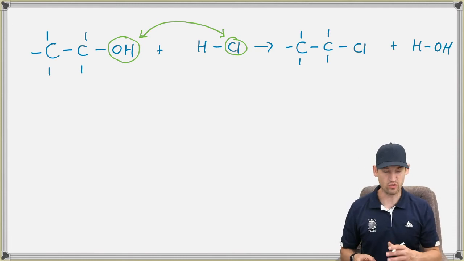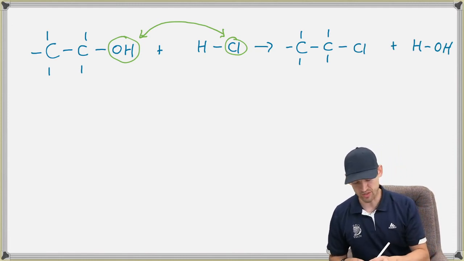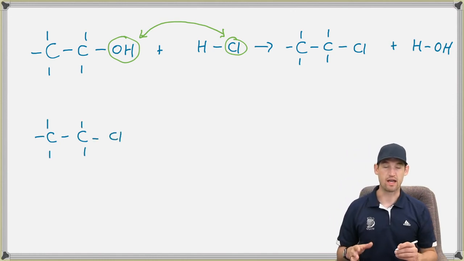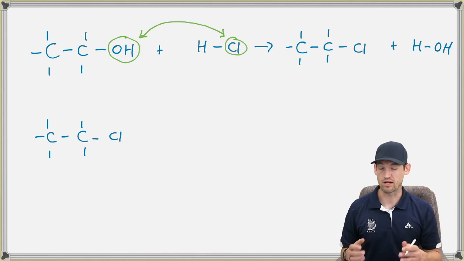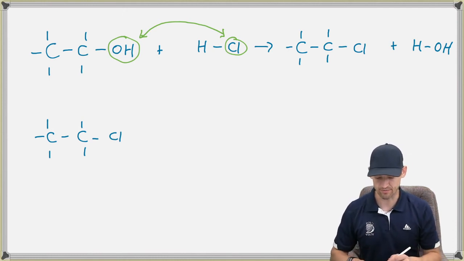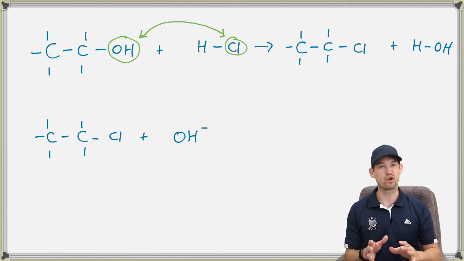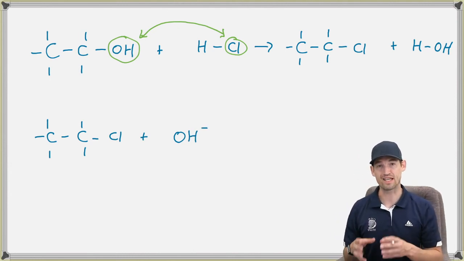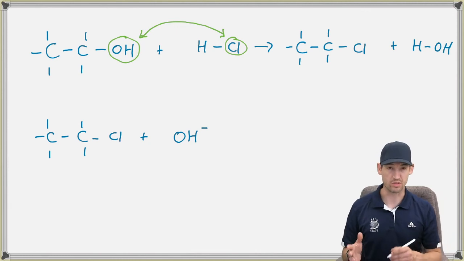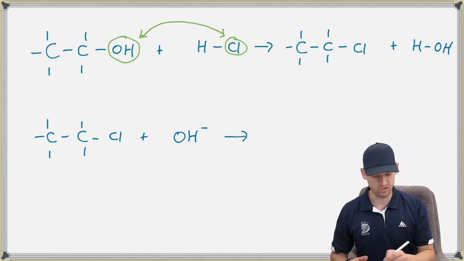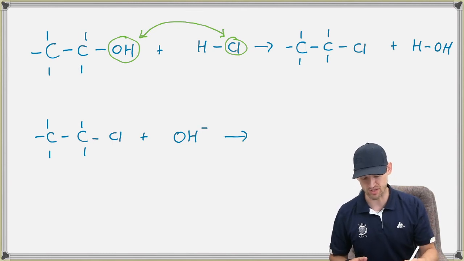Okay. One more time that this happens is sometimes this will happen if you've got a halogenated alkane in the presence of a strong base. So not a hydroxyl group, but a hydroxide ion, because it's a base, not an alcohol. If that happens, these two things are still going to switch places. They're just all about each other.